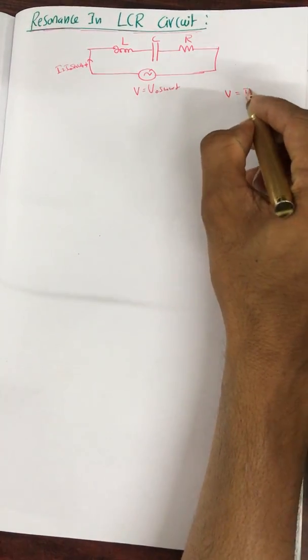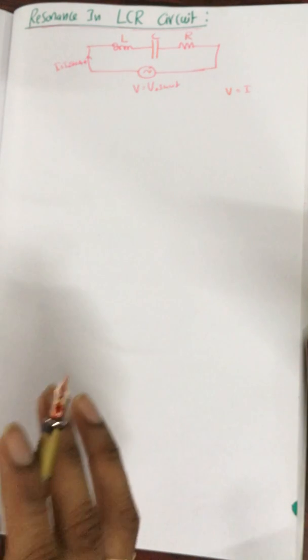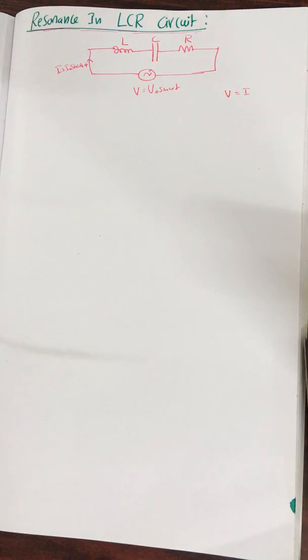Now obviously Ohm's law says that V is equal to I into R. Now it is not a resistance only because of the resistor, it is because of all of L, C and R. So the resistance, that means the opposition offered to the flow of current, is not only because of the resistor, not only because of the capacitor, not only because of the inductor, it is a combination of all three in series.